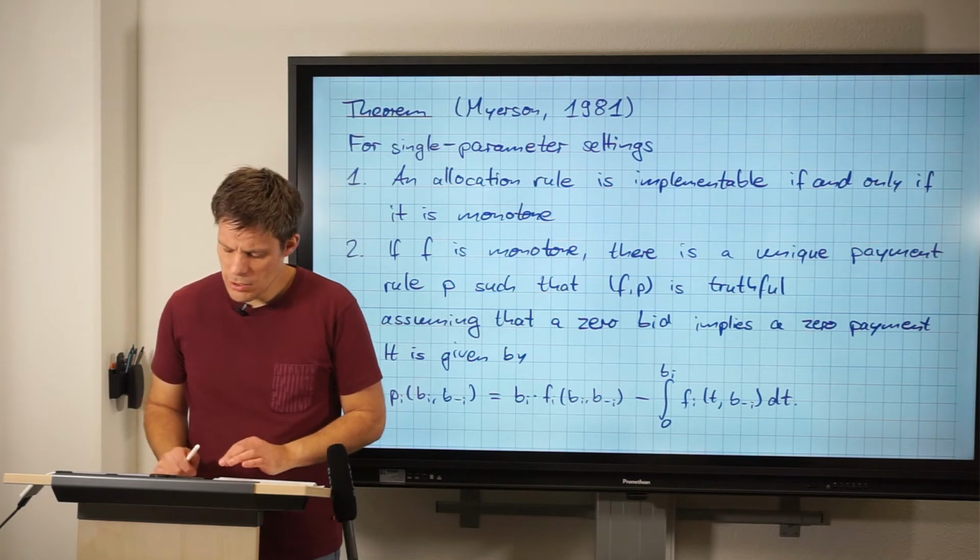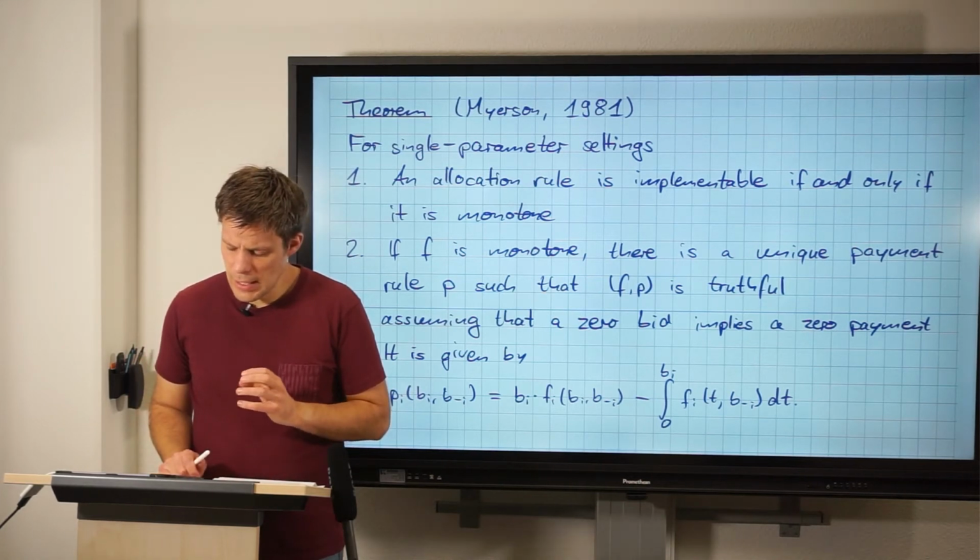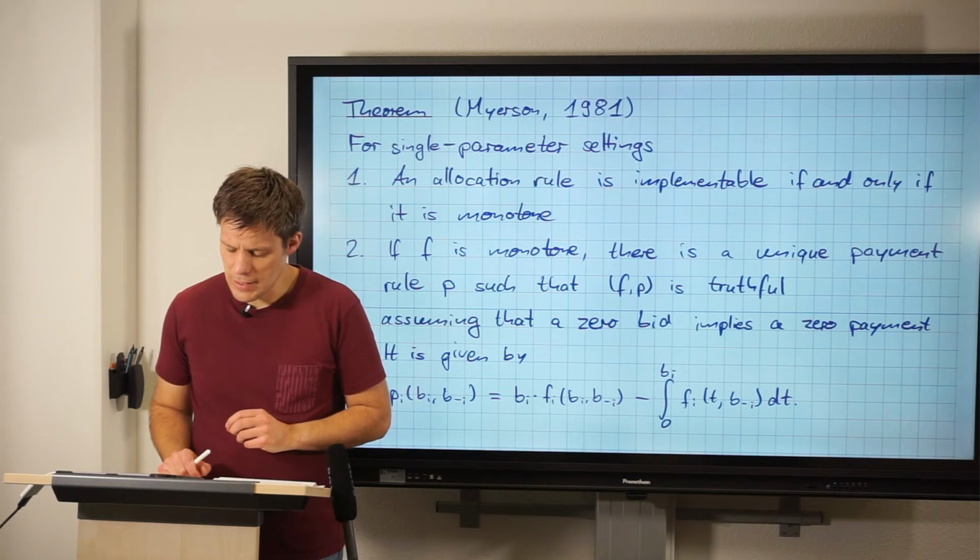So how can we show, for example, that an implementable allocation rule has to be monotone?